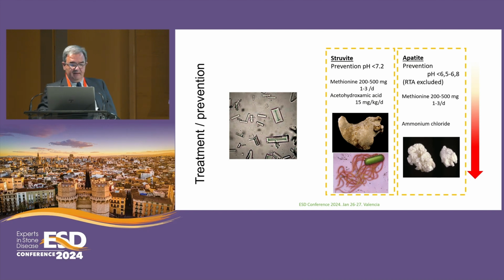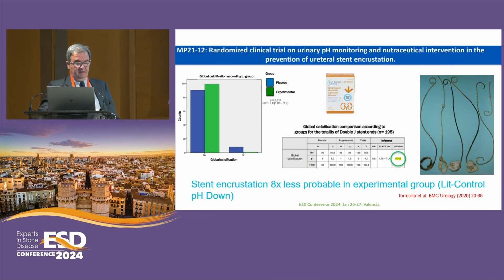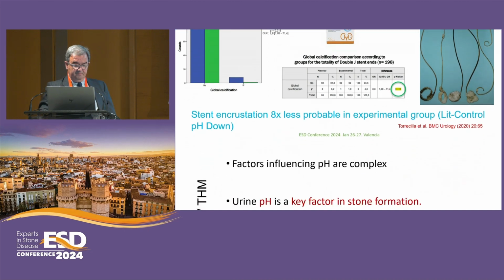In the case of struvite, our aim to prevent stone formation will be a pH of 7.2, and in calcium phosphate it will be 6.5 to 6.8. It also, as already been told before, can help, as can oxidine, to decrease stent incrustations, as has been shown in clinical trials by Torrecilla and co-workers.